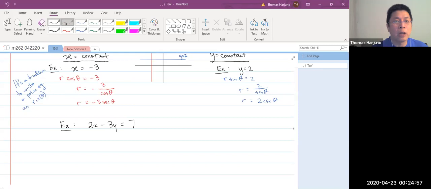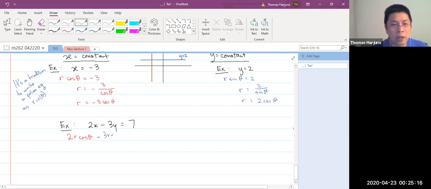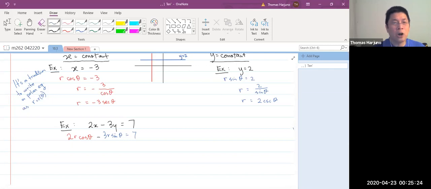I will rewrite the x as r cosine theta, and the y as r sine theta, and then I factor the r.